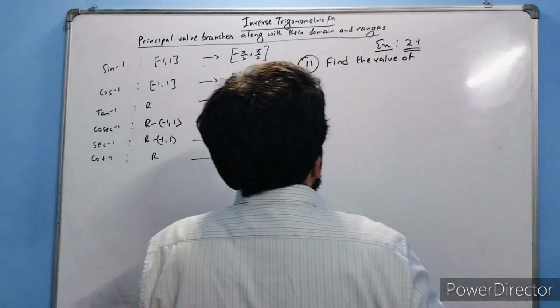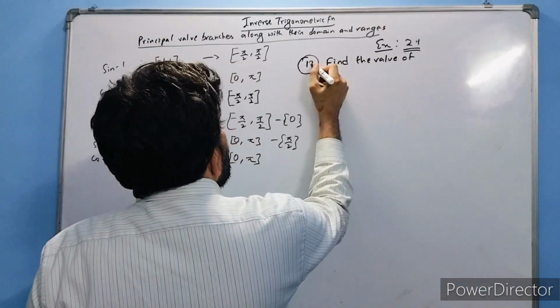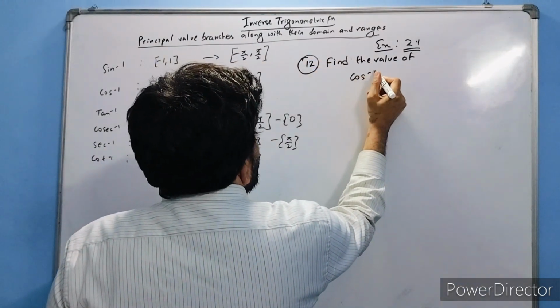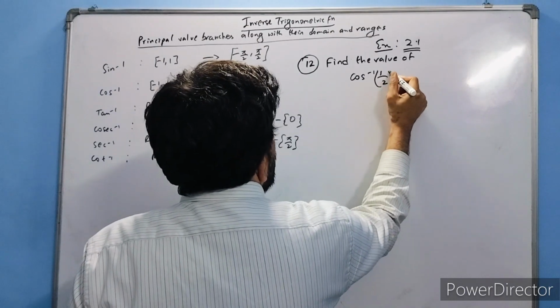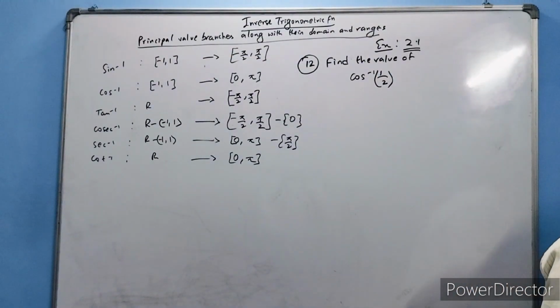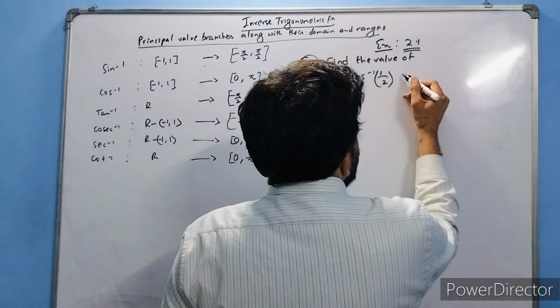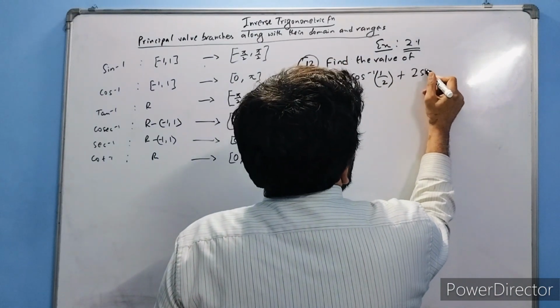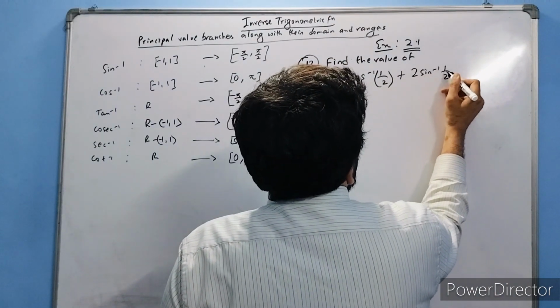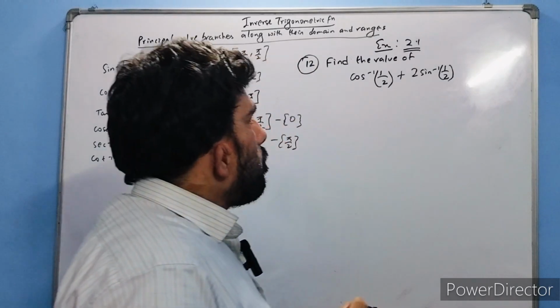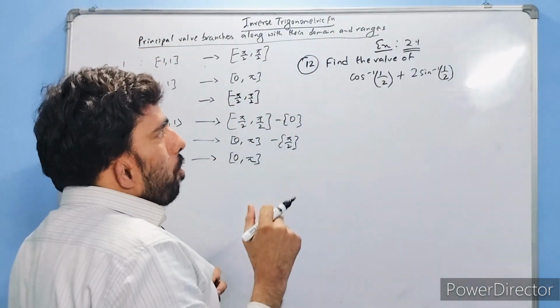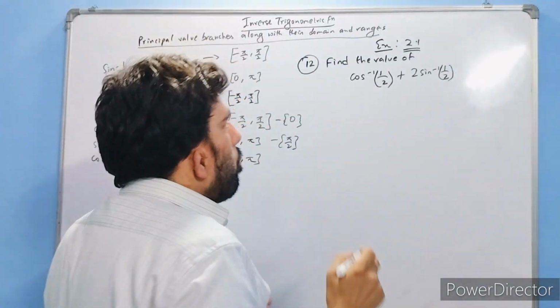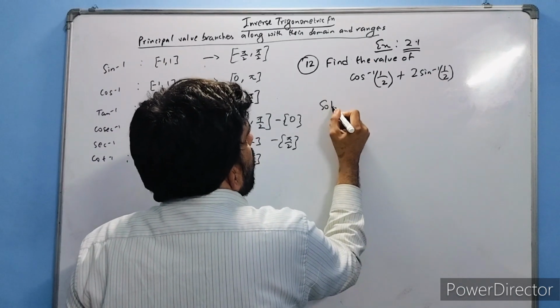That is what they have given: cos inverse half plus 2 sin inverse half. We have only 2 here, so let us try to solve.